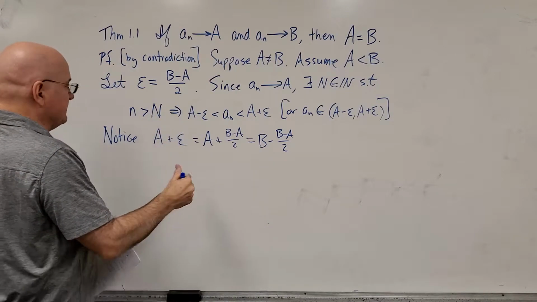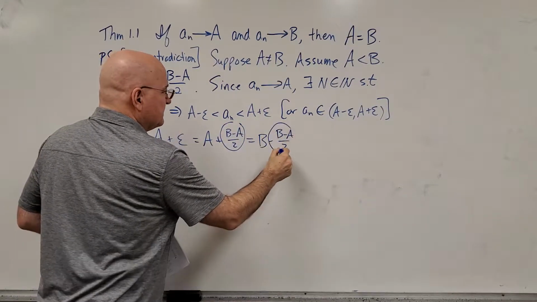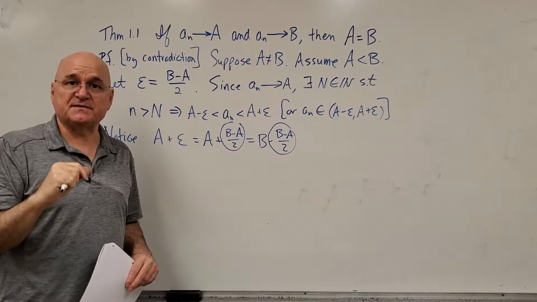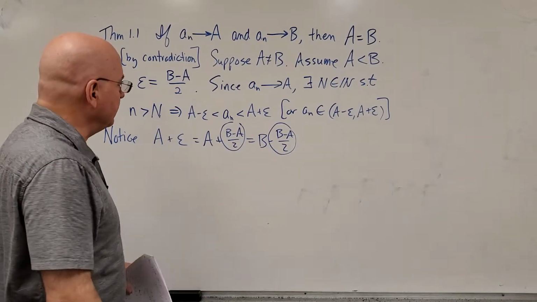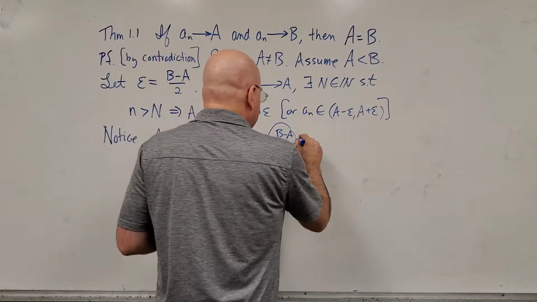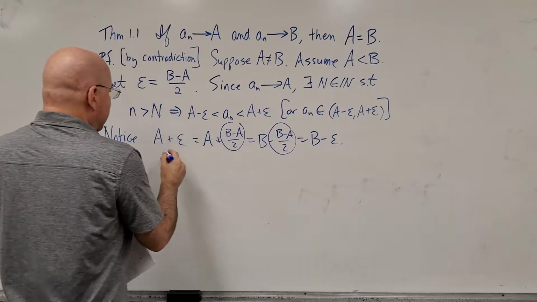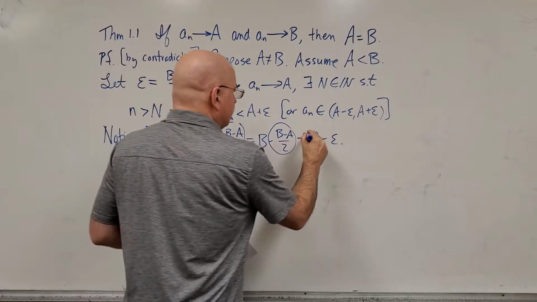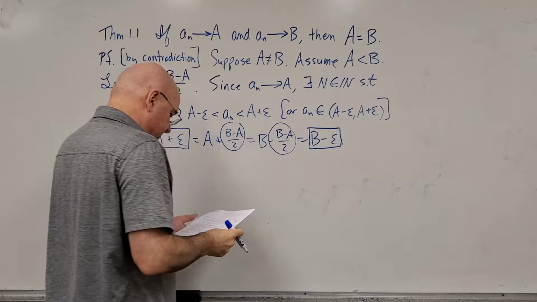Which of course makes sense. This is epsilon right here. A plus epsilon is going to be the same as B minus epsilon, because epsilon is half the distance between the two. I'll let you work out the algebra there. It's just one baby step, I think. And this is equal to B minus epsilon. So the point of that was showing that A plus epsilon is equal to B minus epsilon.